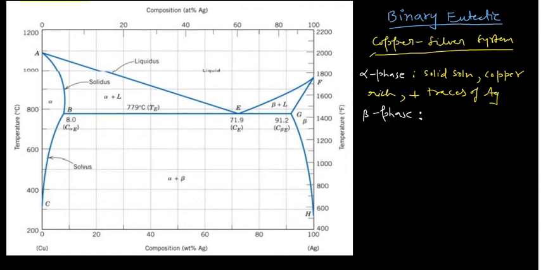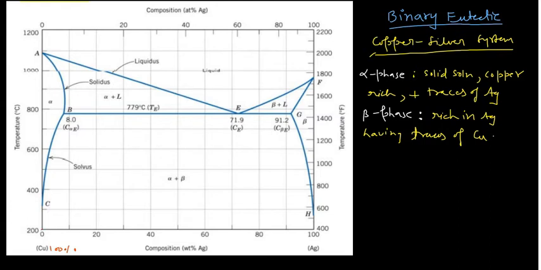Okay, you will remember this point. This is rich in silver, having traces of copper. Okay, so I can change the thing a little bit here. See at the bottom, copper is written here, so I'm writing copper 100% at this point.